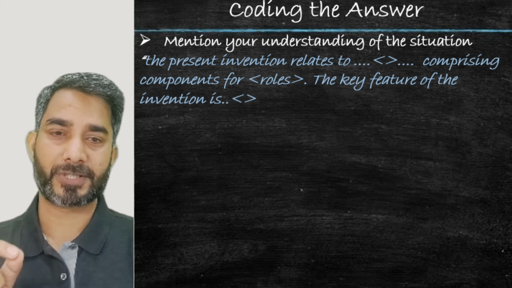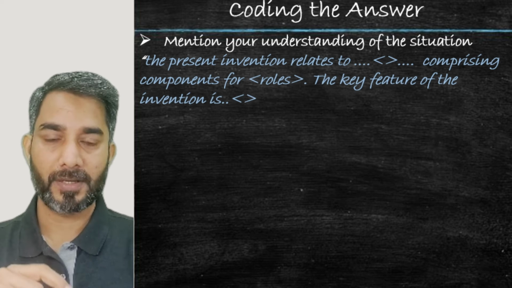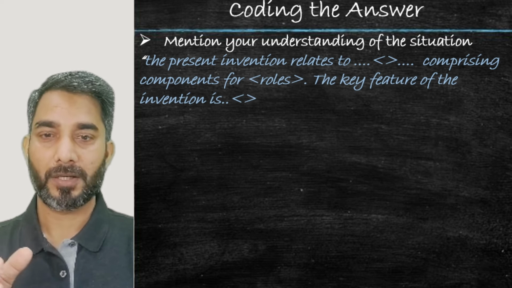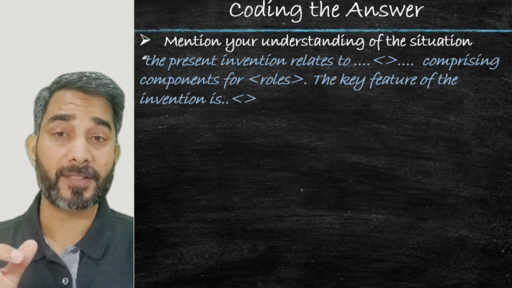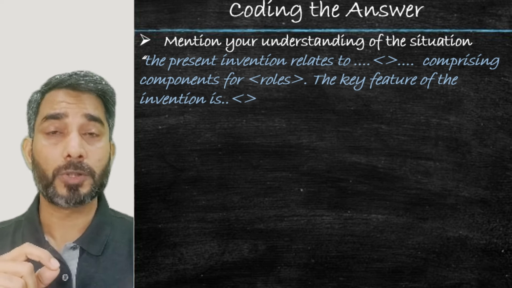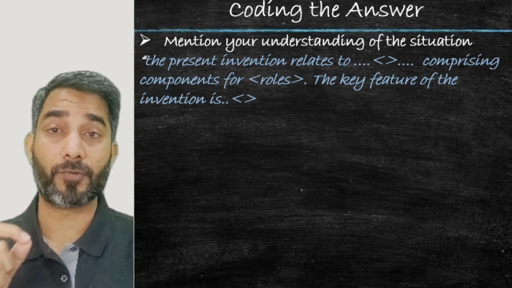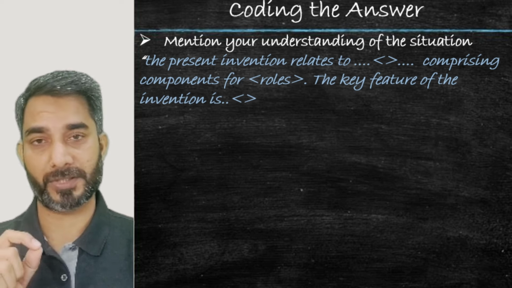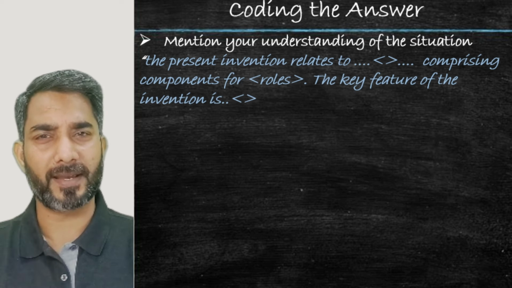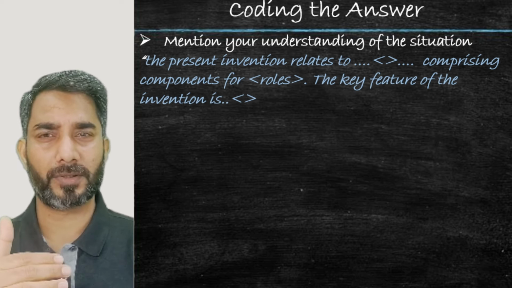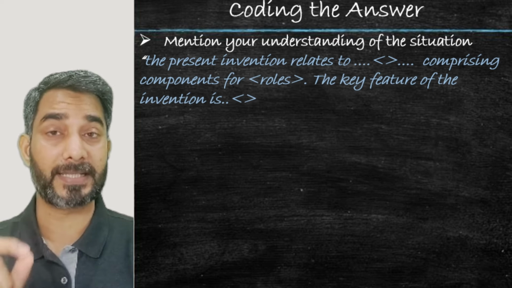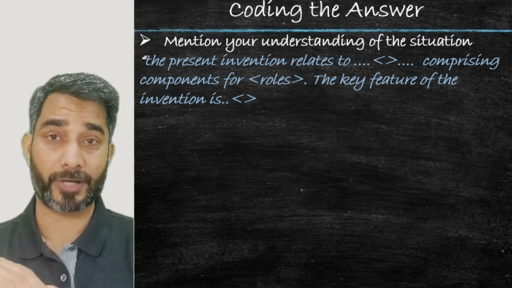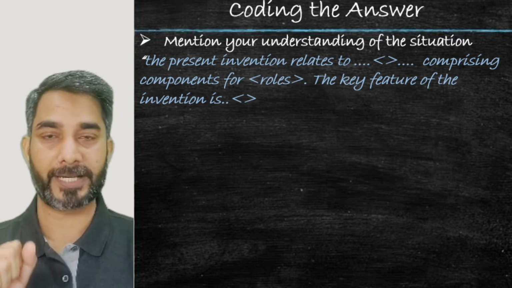The present invention relates to the objective, we say comprising. You write components 1, 2, 3 in different sentences, and you define the roles. And you can also categorically identify the key feature of your invention, the key improvement, the key technical advancement. If you are able to derive it, you should be able to write it.